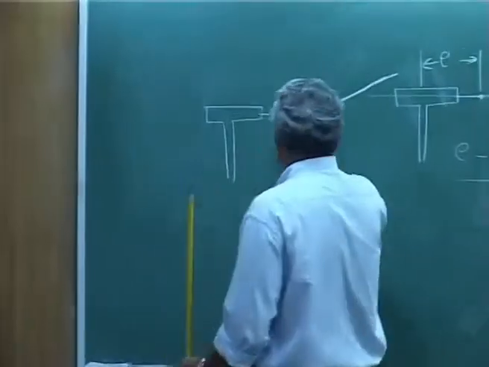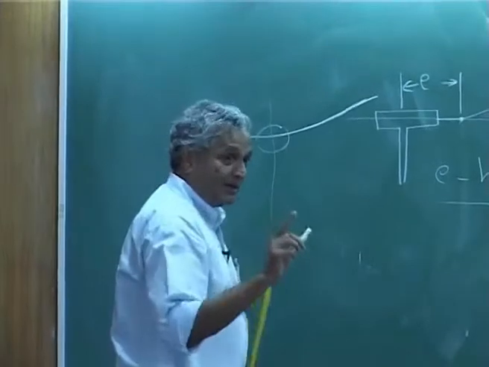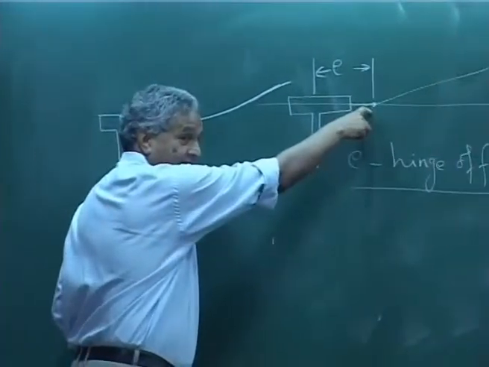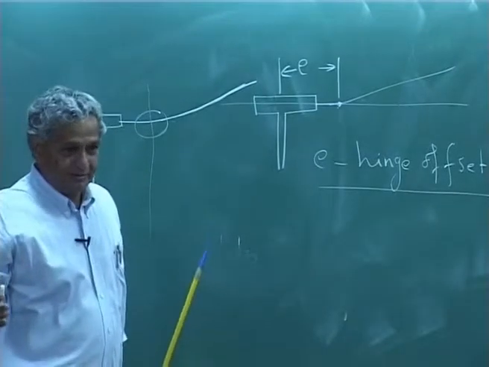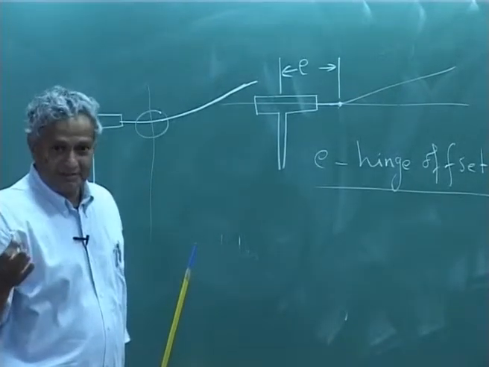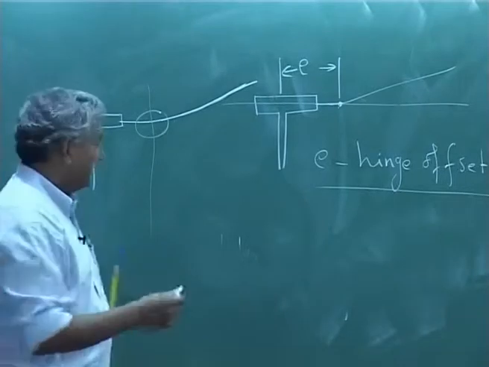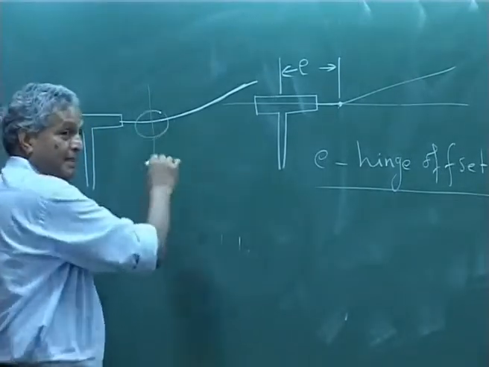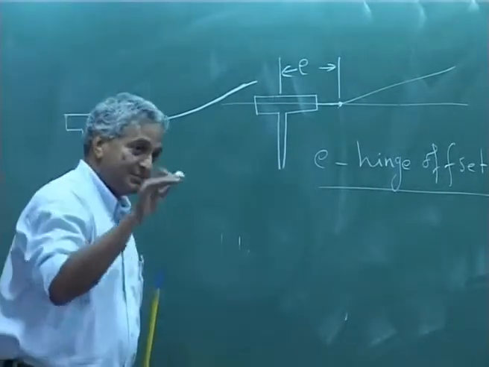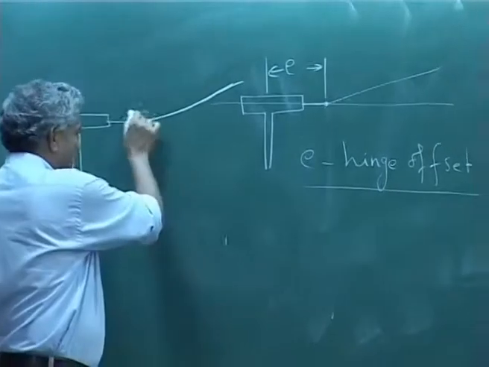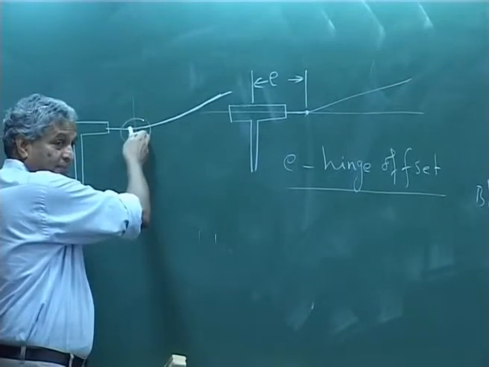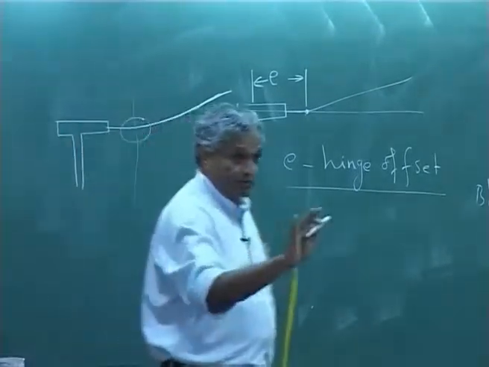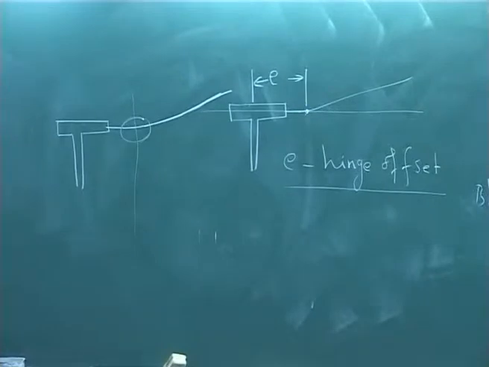You want the blade to behave like this, but there is no hinge, you follow. That means in manufacturing, how do you design the blade such that there is flexibility near the root, because this is the root section, but it should also have sufficient strength, because centrifugal force is pulling.